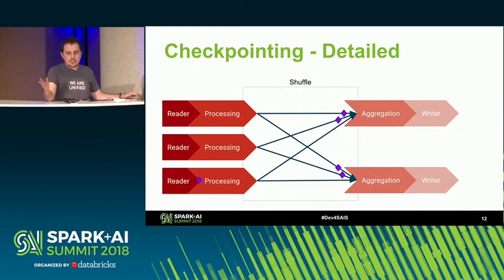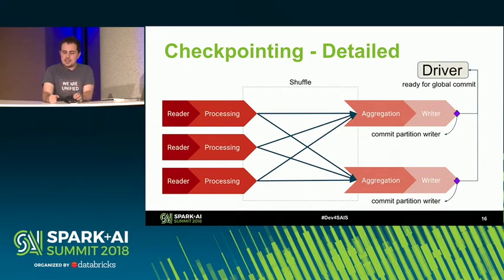It'll wait for all of the tasks to catch up, and then when that last marker finally does make it through the shuffle and to the bottom of the aggregation, they'll say, all right, that's finally in the aggregation task. It'll go through and take a checkpoint for that aggregation operator, and then the writer will commit itself and send the message back to the driver.